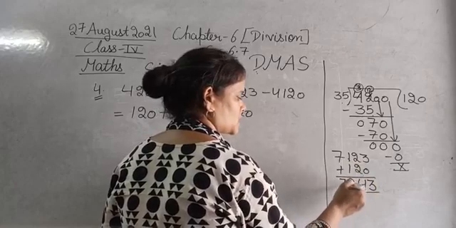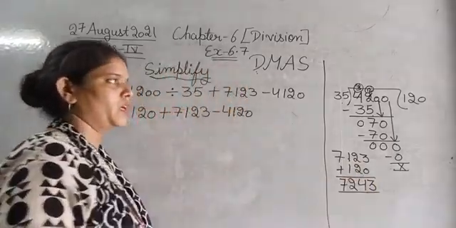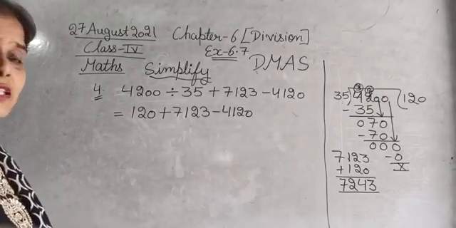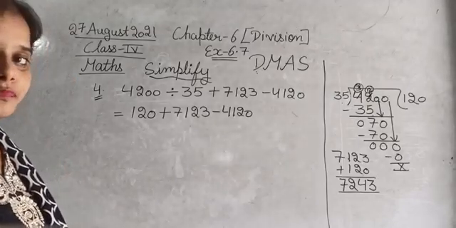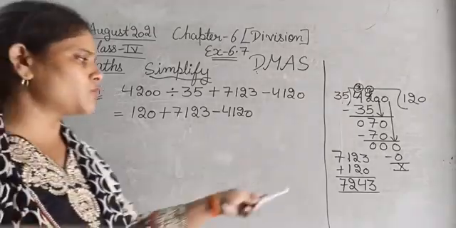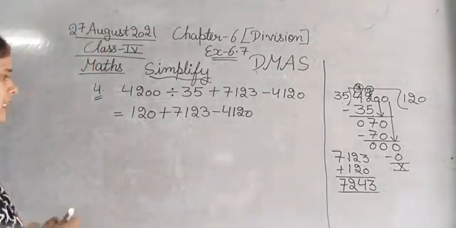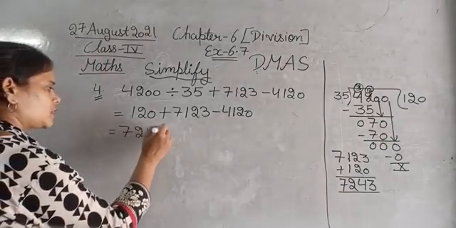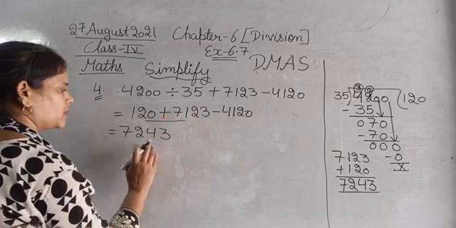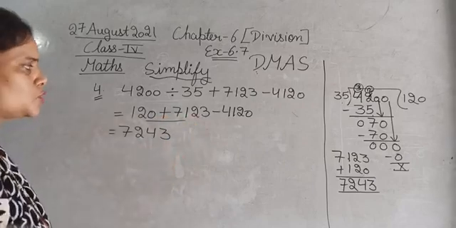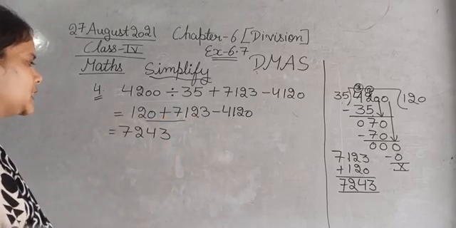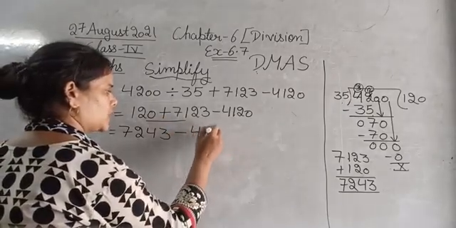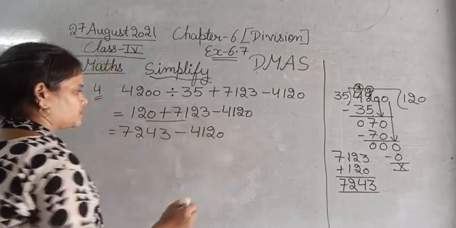And 7. So 7123 plus 120, we got 7243. After adding these two, we got 7243 minus 4120.